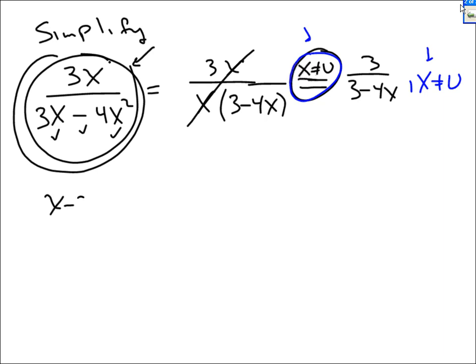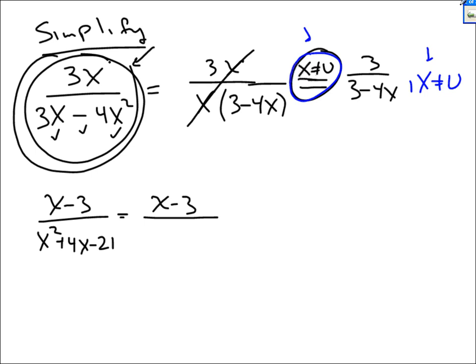You have x take away 3 divided by x squared plus 4x minus 21. Well, you can factor x minus 3. Instructions are still to simplify. But in the bottom, since you have 1x squared, we'll try to factor it as x followed by a number times x followed by a number.